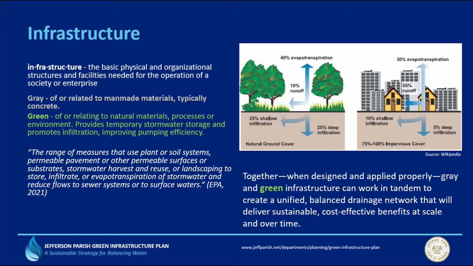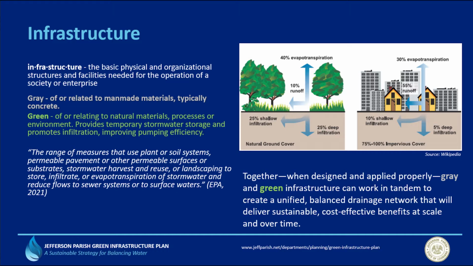Traditional gray infrastructure such as pipes and pumps are designed to move stormwater away from the built environment as quickly as possible. Green infrastructure uses natural materials and processes to manage stormwater runoff at its source while delivering environmental, social, and economic benefits.